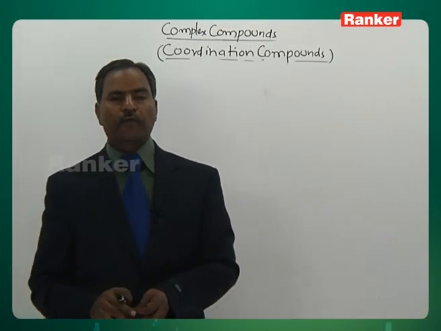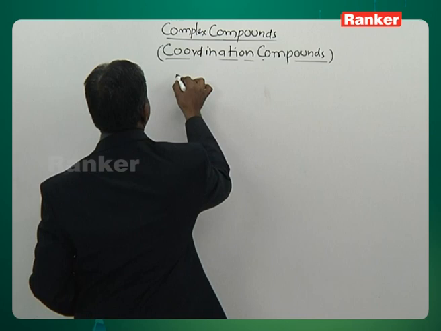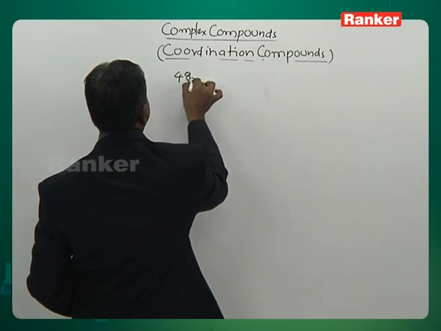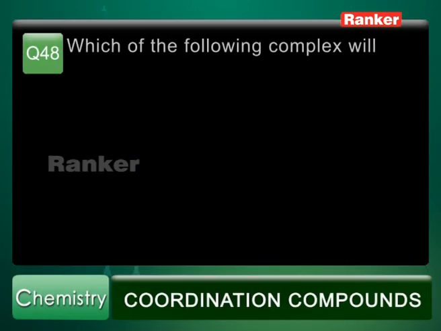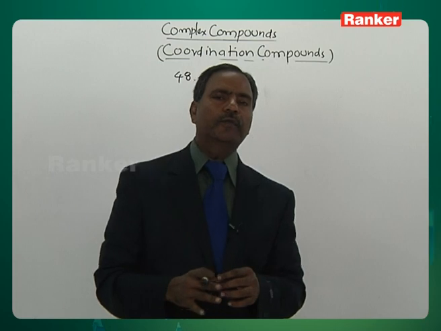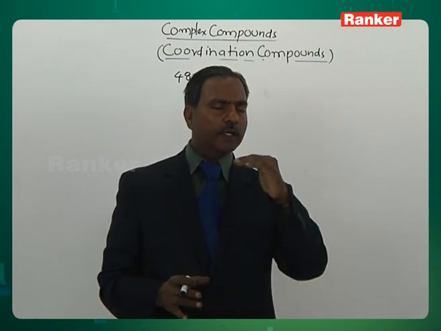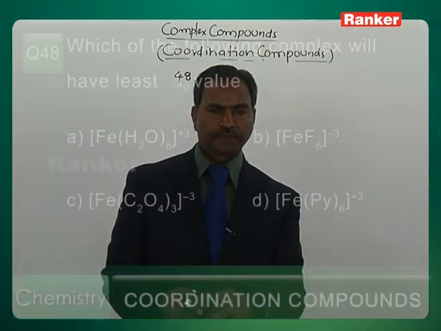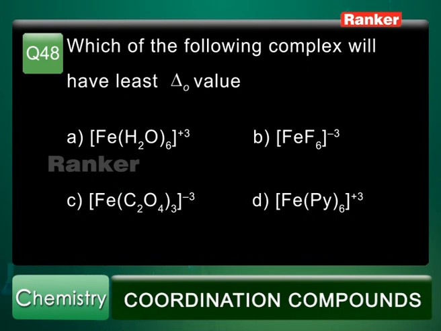Next, question number 48. Which of the following complexes will have the least Δo value? Whenever the least Δo is asked, you have to see carefully among the given options. Option A is [Fe(H2O)6]3+, B is [FeF6]3-, C is [Fe(ox)3]3-, and D is [Fe(py)6]3+.